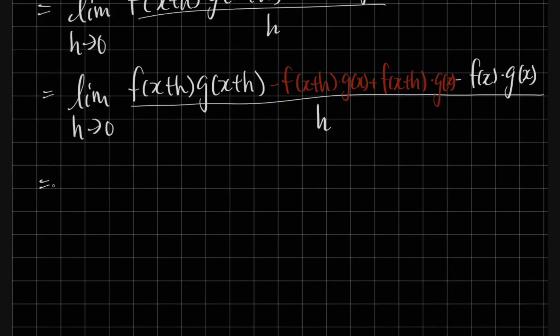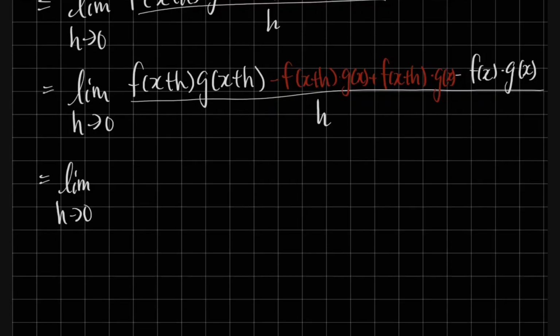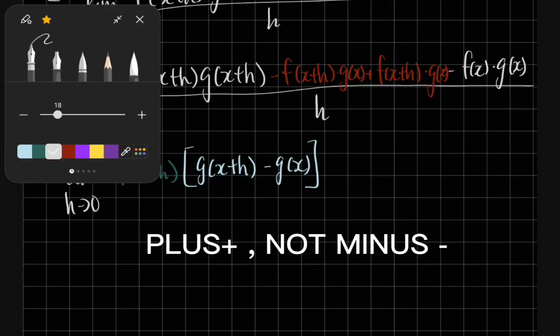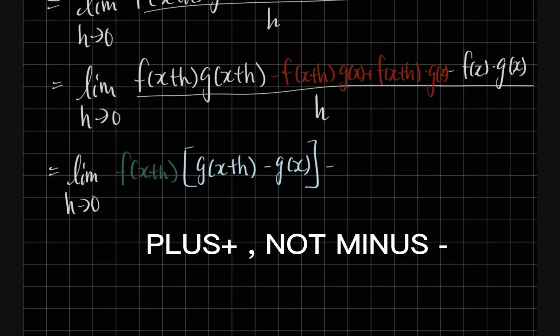So, same thing remains, the limit as h approaches 0. And then I factor out my f(x + h). I'm going to put this in another color. So, I factor out f(x + h). It gives us g(x + h) minus g(x) plus, oh my god, I hate this, it keeps changing colors, but for the sake of understanding, you should appreciate it.